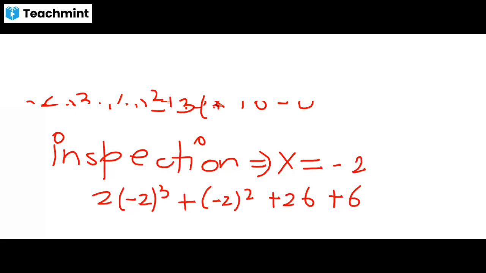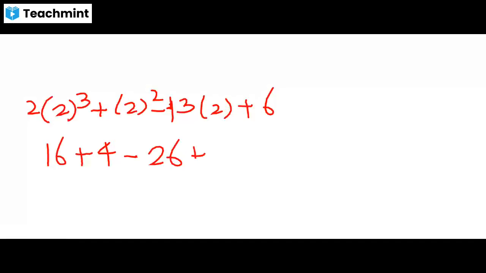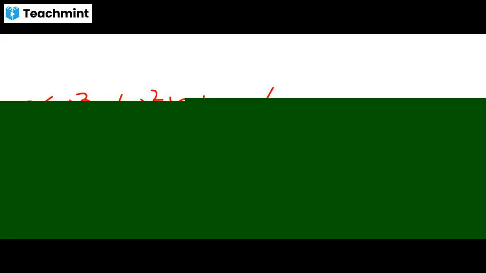What do we get here? 8 twos are 16 plus 4 minus 13 into 2 is 26 plus 6. This comes out to be 20, and here you get minus 20, which comes out to be 0. This implies x is equal to 2 is one of the roots of this cubic polynomial which we have taken here, right? So our job is almost done.